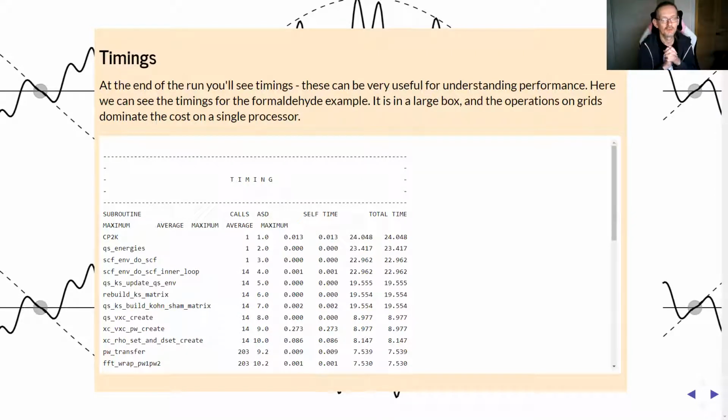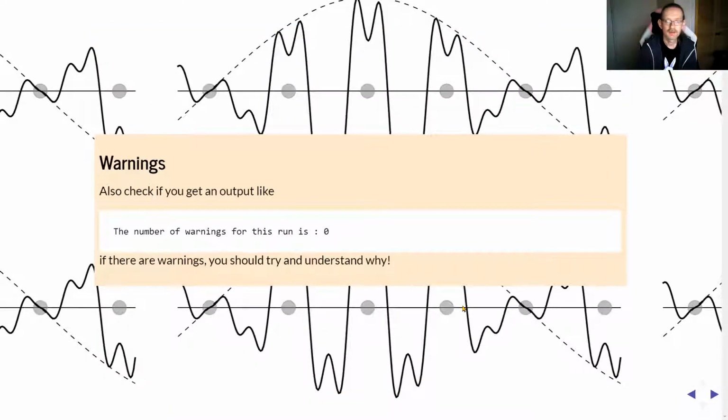There's a lot of plane waves in there, a lot of grid points, and these operations of putting the Gaussian functions onto the grids, and the Fourier transforms, are taking up a considerable amount of time. And when we're in that regime, we'll find that CP2K is more or less linear scaling, and the actual solving of the Kohn-Sham equations, once we've got the matrix representation of the Hamiltonian, is rather small. But in general, things might change as the system gets larger.